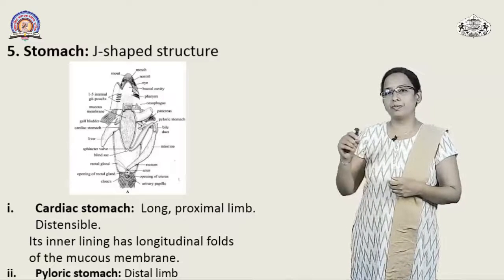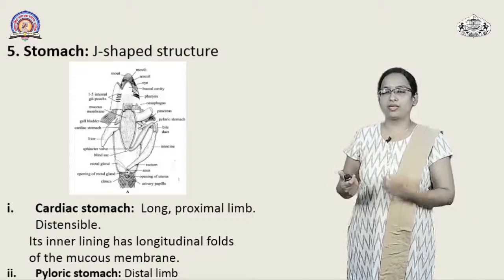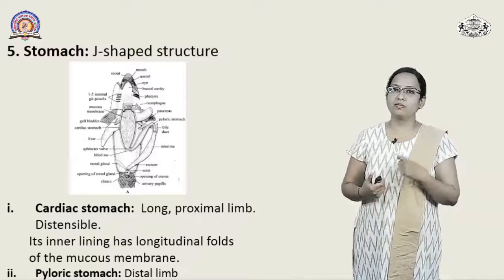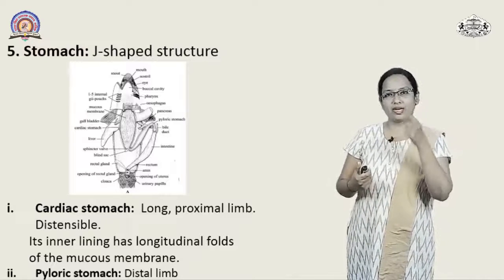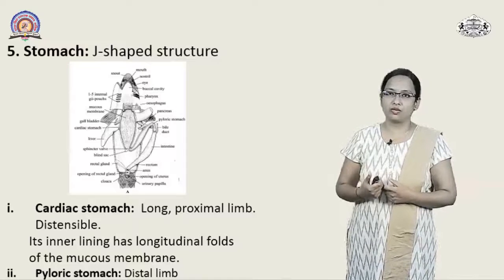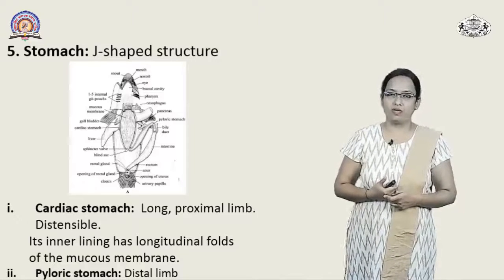The second valve will be present between the cardiac stomach and the pyloric stomach. This valve is called the sphincter valve. And the third valve will be present where the pyloric stomach opens into bursa entiana. This valve is referred to as the pyloric valve.